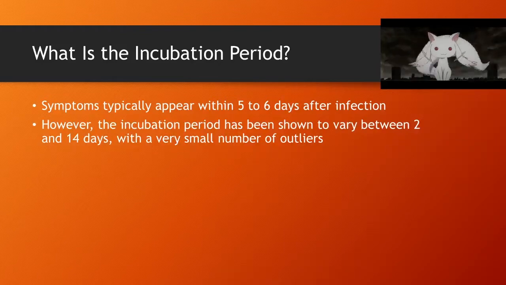Or even 27 days later was the longest that they showed. But those are outliers. The likelihood of that happening to anyone is very unlikely. And whether or not it's true, that's hard to say. But between 2 and 14 days, that we know for sure, with 5 and 6 being very, very common.